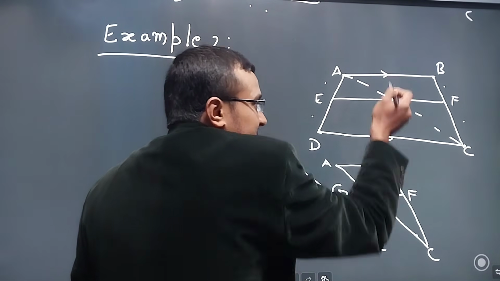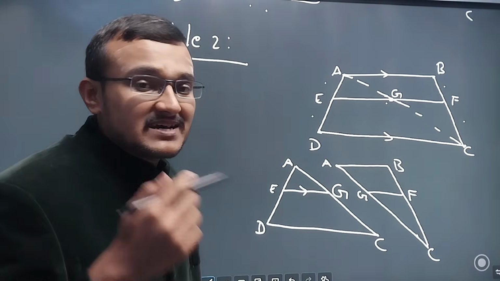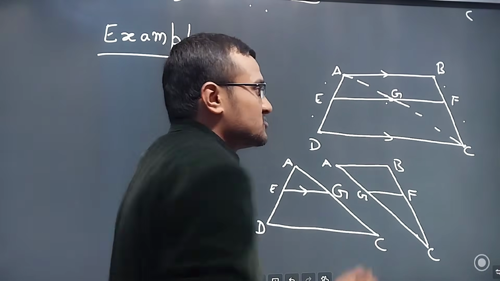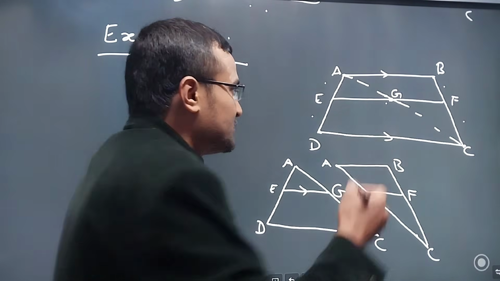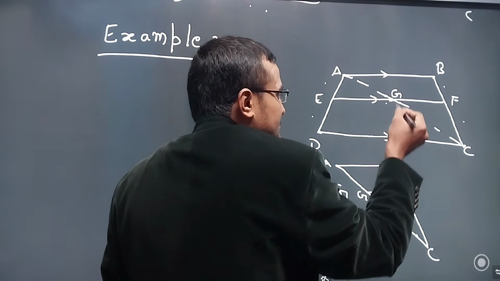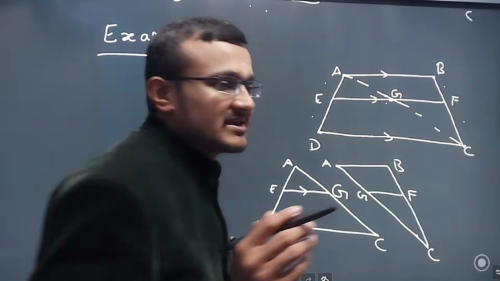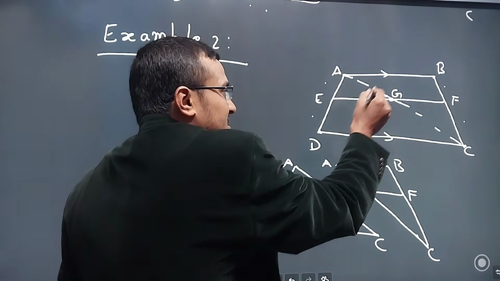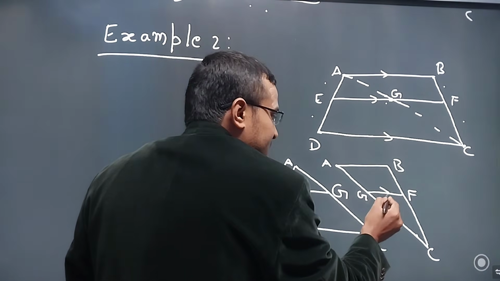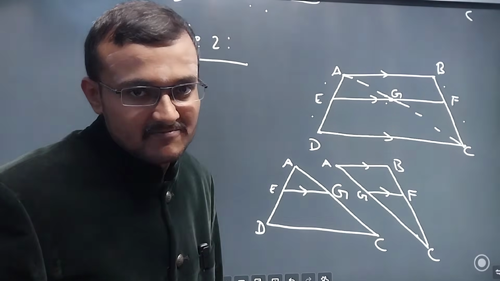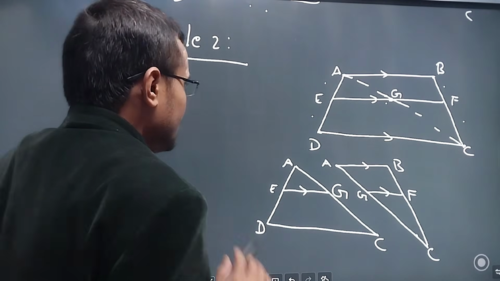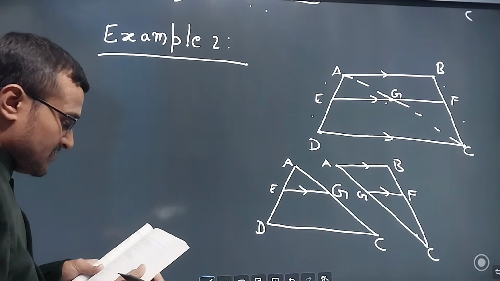Here, since AB and DC are parallel to each other, EF is also parallel to DC. So that means AB is parallel to DC, that is parallel to EF. Since EF is parallel to AB, GF is also parallel to AB. So these things we will write over here.